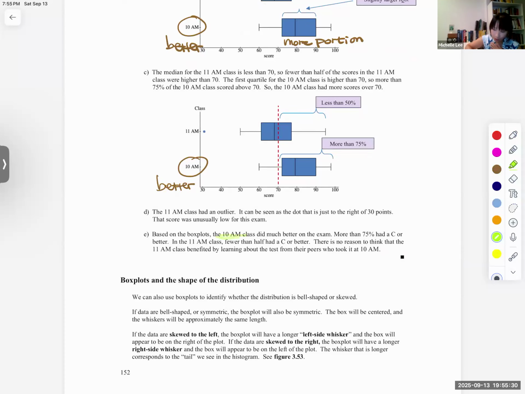Everything was better, right? So the 10 a.m. class did much better on the weekend. And then if we made this 70 score the C, right? So more than 75% have a C or better, right?